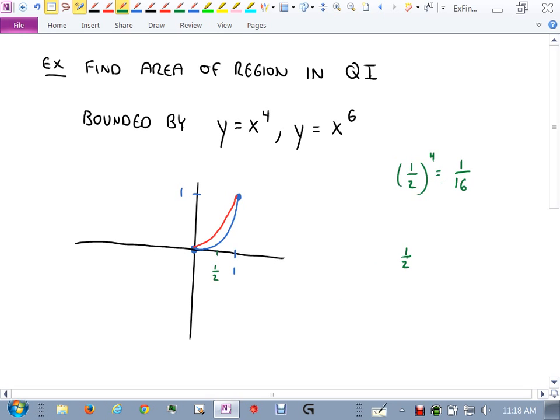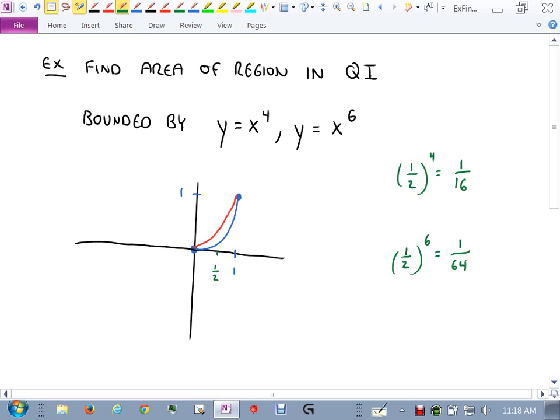If I take 1/2 and plug it into the other one to the sixth power, what's that? 1/64. Which one's bigger? 1/16 is bigger than 1/64. So actually, it turns out that the fourth power one is bigger than the sixth power one, but only between 0 and 1 does that happen. Once you get past 1, then the x to the sixth takes over.